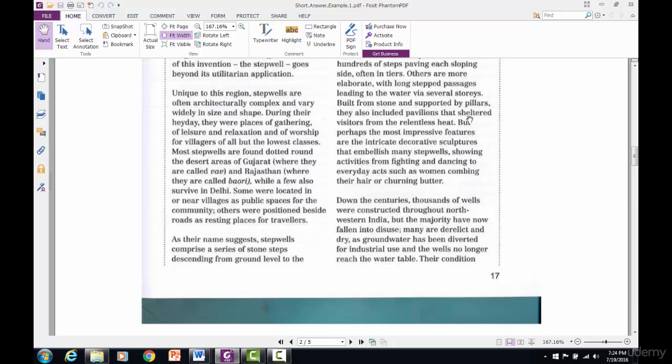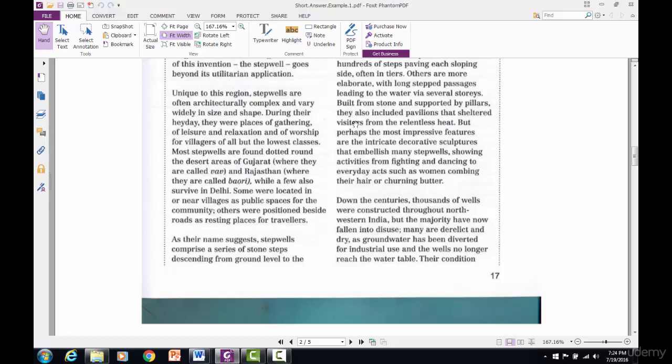Built from stone and supported by pillars, they also included pavilions that sheltered visitors from relentless heat. So the answer would be pavilions, because pavilions is connected to the word sheltered.